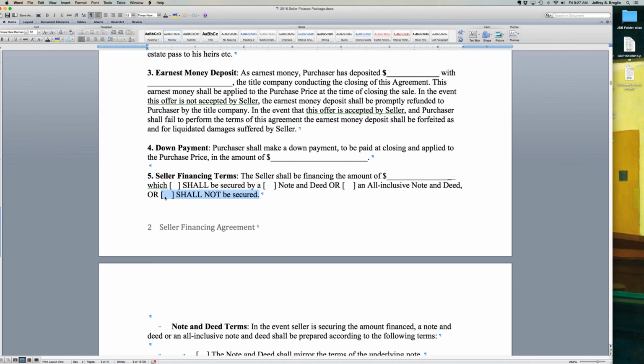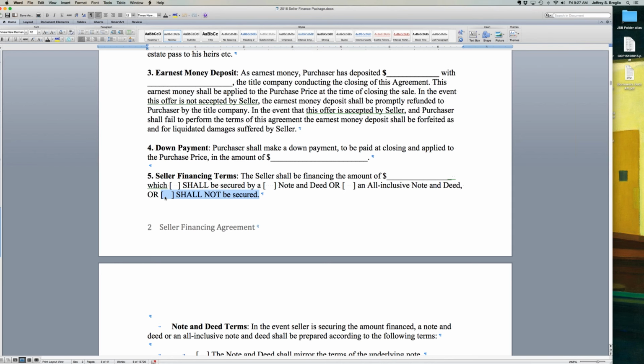Even though there's no value there, because the seller isn't getting anything as far as equity, it does give the seller rights to foreclose on you if you don't pay the seller or if you don't pay the underlying mortgage. That's an extra benefit to a seller. Most buyers, real estate investors, don't want to do that.